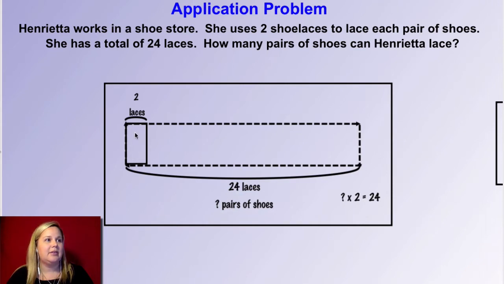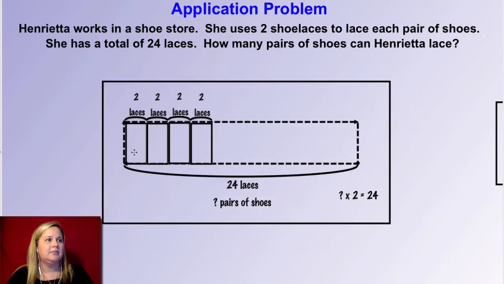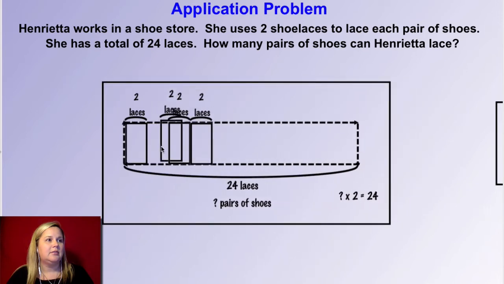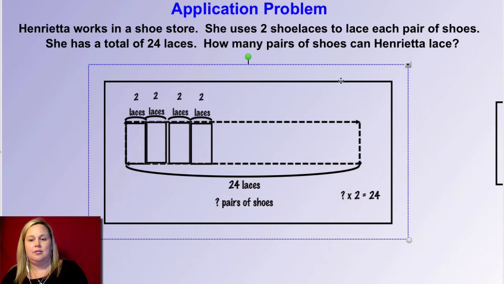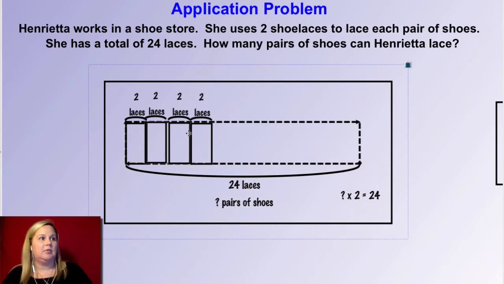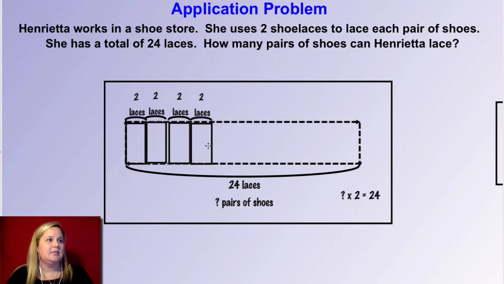Let's see if I can grab the right thing here. Here we go. So 2, 4, 6, 8. Hang on, friends. Let me lock that down. Okay, so we're at 8.